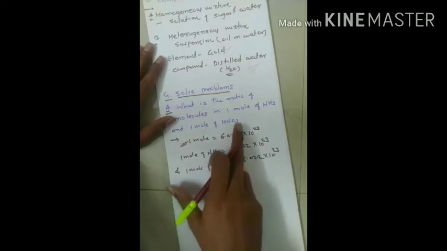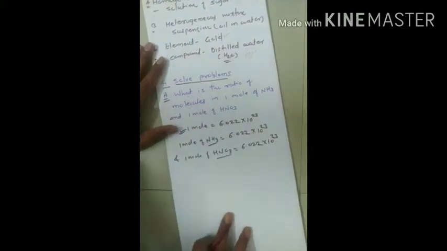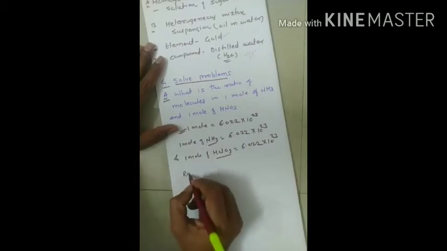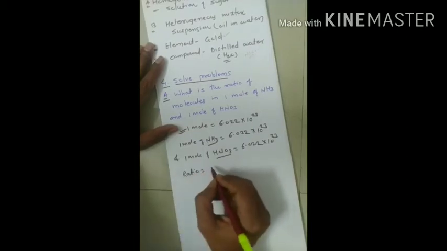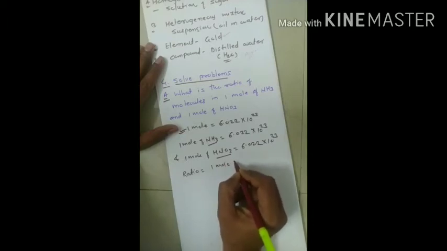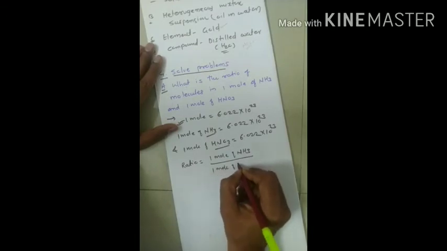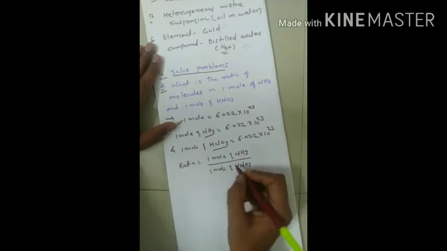Now we have to find the ratio of their molecules. The ratio is nothing but 1 mole of NH3 to 1 mole of HNO3, isn't it?